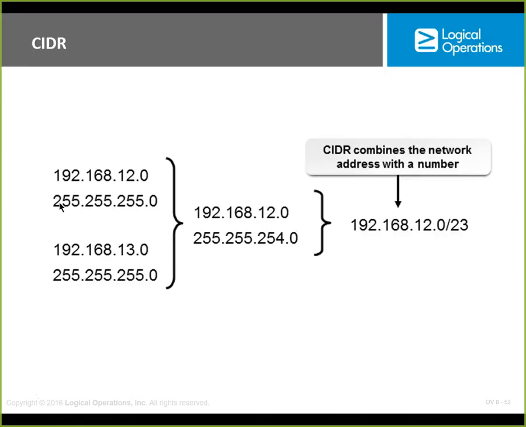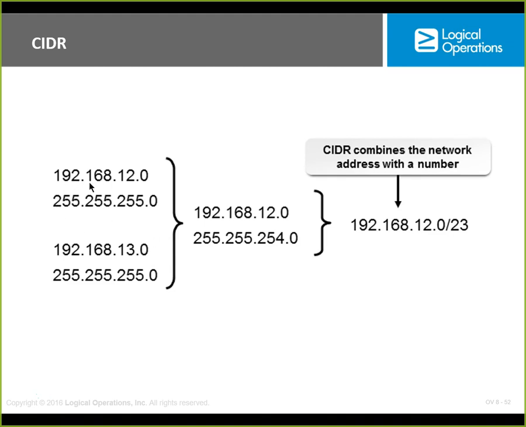CIDR, we talked about a little bit, 255.255, 192.168.12. CIDR combines the address with a number. They kind of messed us up here. I think that for this one, you don't have to worry about anything other than classful addresses. If anybody has had to deal with subnetted addresses, which is what this one is here, let me know.